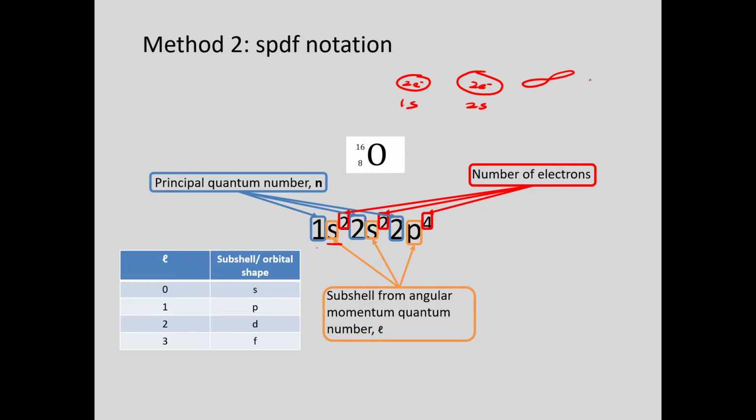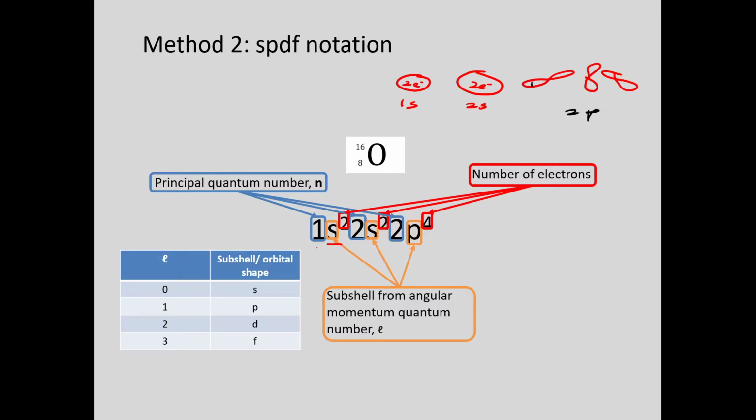So maksudnya untuk oksigen, okay, untuk oksigen kita have an orbital which is 1s, dalam tu ada 2 electrons, okay, and then we also have another orbital which is 2s. 2s is bigger than 1s lah kan. 2s also ada 2 electrons, and then we have p. So p, okay, p kalau you ingat dia ada 3 orientation kan. Alright, so kalau you guys ingat, P ada 3 orientation, which is like that. So P, untuk 2P, we have 4 electrons.